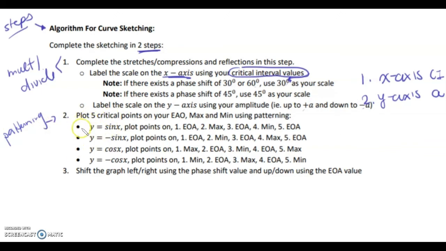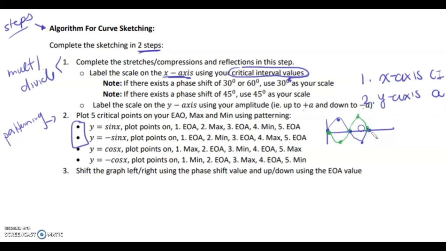I'll tell you what these mean. Sine x: usually what sine x does is, it says right here, equation of axis, max, equation of axis, min, equation of axis. And then we connect. If we had a reflection, we would say equation of axis, min, equation of axis, max, equation of axis.